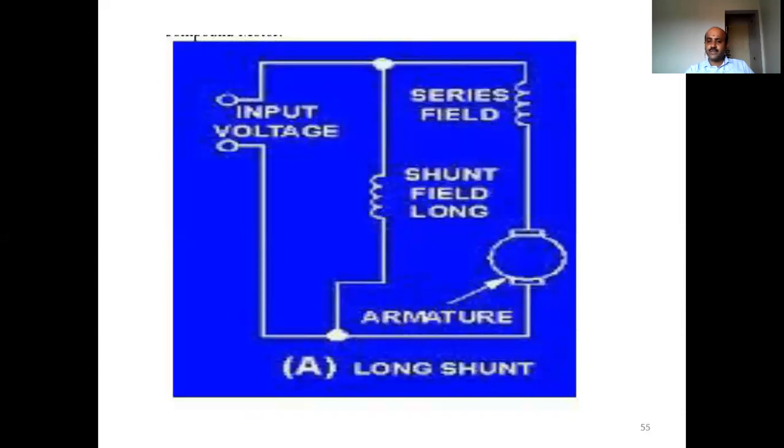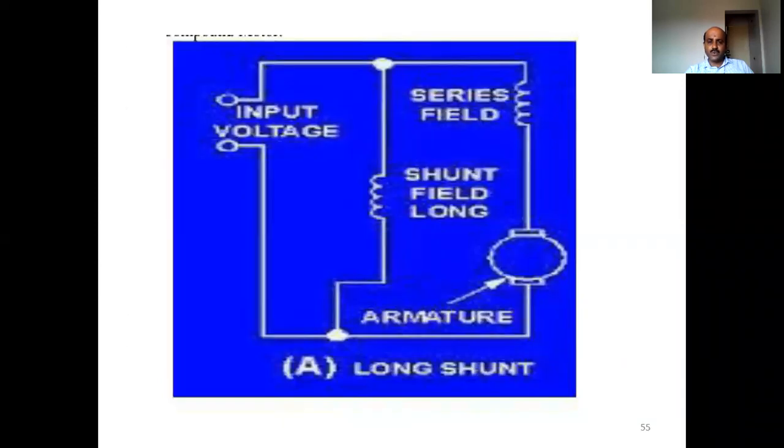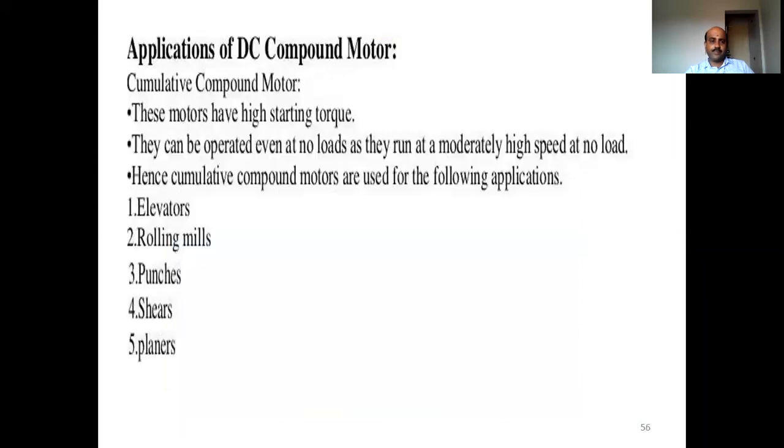This is the long shunt field, and it is connected in parallel with the armature and with respect to the series field. So this will constitute the long shunt compound motor. This is the one you are supposed to remember. That is the difference between a short shunt compound motor and a long shunt compound motor.